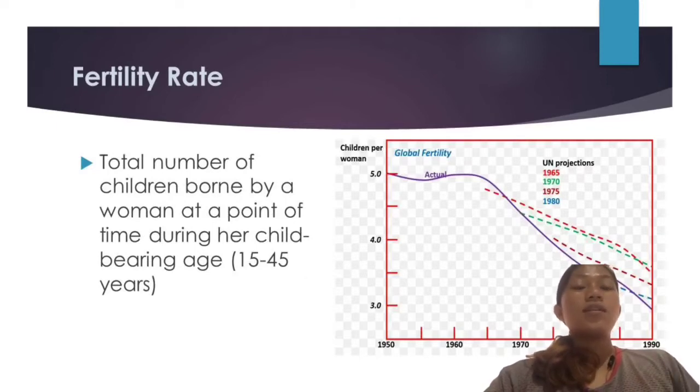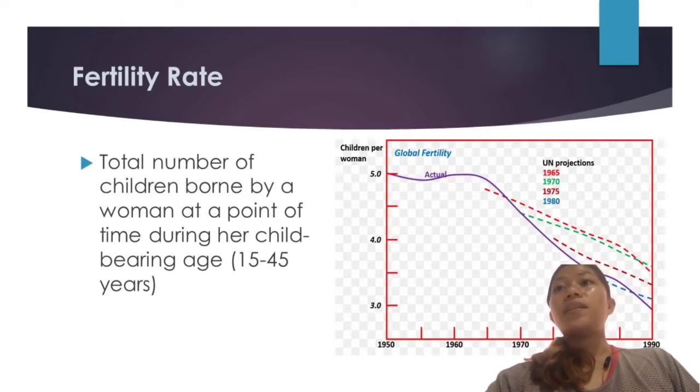Fertility rate. This is the total number of children born to a woman at a point of time during her childbearing years, 15 to 45. There are several factors such as lifestyle factors, increase in sexually transmitted disease, rise in obesity, and environmental factors involved in urbanization and urban lifestyle, later affecting fertility and leading to a rise in male and female subfertility.